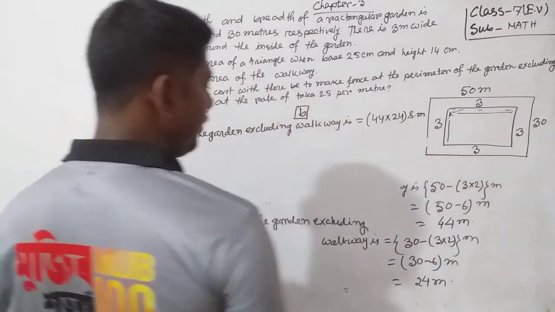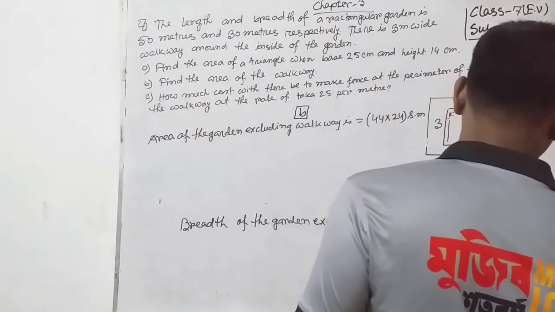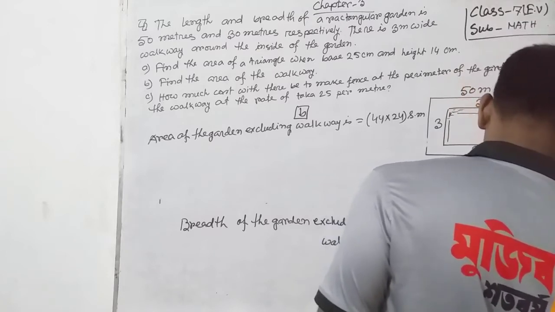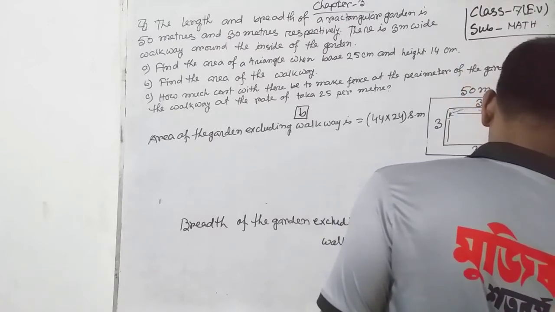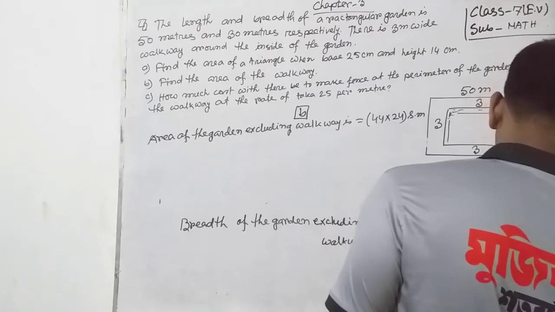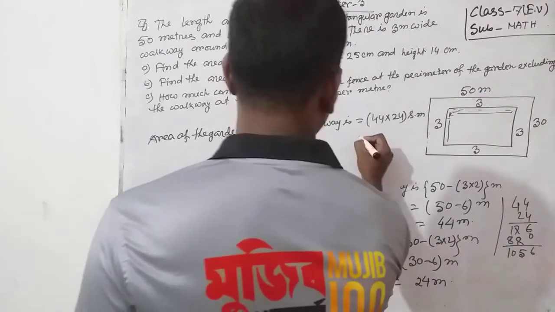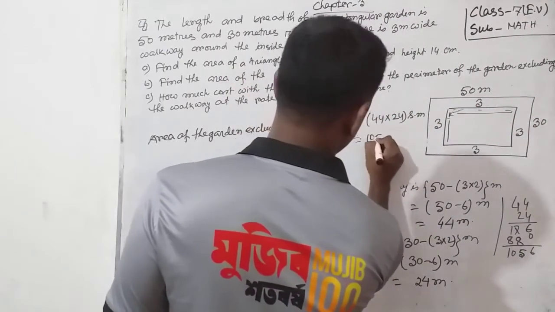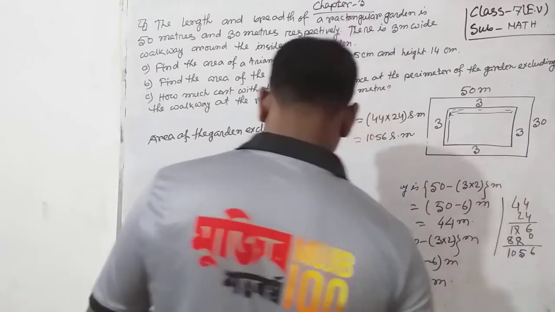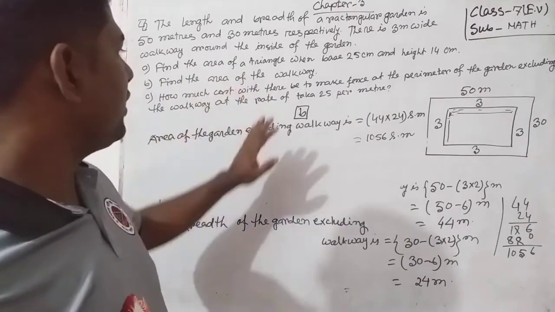Now multiply 44 and 24. 44 into 24, then 6, 17, 8, 7, so we find out 1056 square meter. Okay, so we find the area of the garden excluding the walkway.